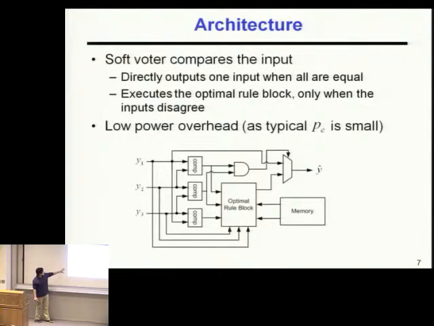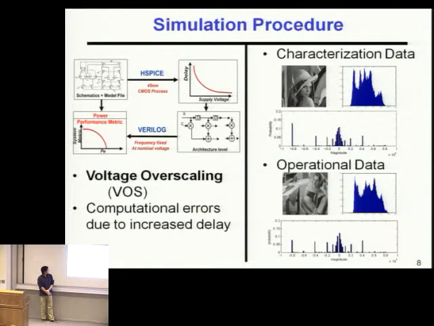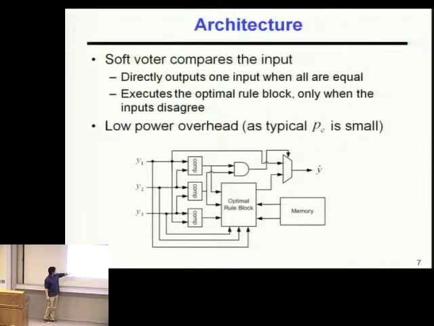So this architecture is used in our soft voter. If we notice that when all 3 inputs are the same, we would not even need to compute anything but just output the value directly. So we have a comparator that compares the values, and then when the comparator flags a difference, we use the optimum rule block, which uses error statistics that are stored in the memory.